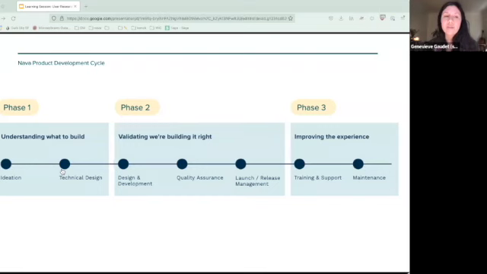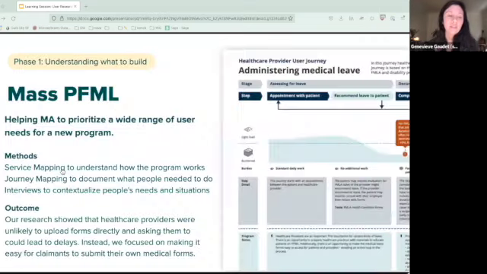So if we take a closer look at that first phase on the next slide, I would love to share a story with you that highlights how we like to approach this when we're in that really early phase of a project. And the background here is that NAVA worked with the Commonwealth of Massachusetts on a program to design and build an entirely new service.